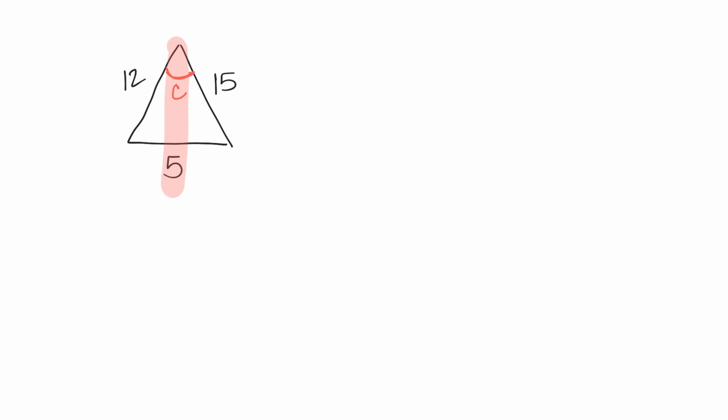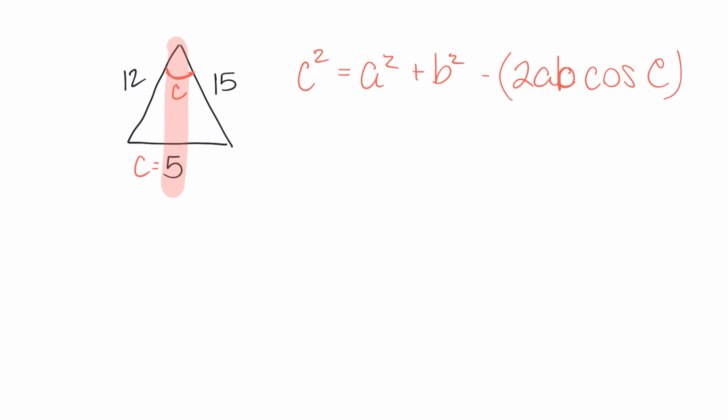Your missing angle, whatever that is, needs to be C. So we can make this interchangeable just like we had before. So remember we said c squared plus a squared plus b squared minus 2ab cosine c. Same deal.